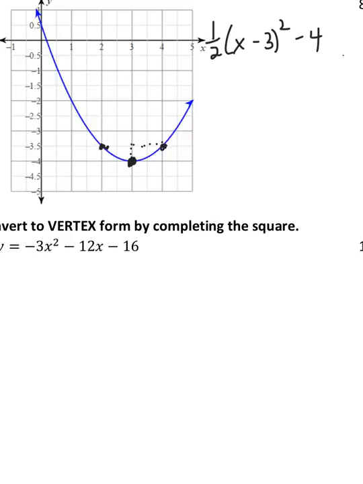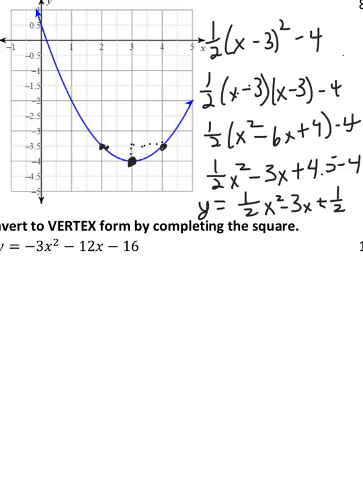The next thing I'm going to do is break this binomial apart, this x minus 3 squared, into its two parts. I'm going to FOIL it, and then I'm going to simplify. And what I get in the end is my standard form. Alright, so I FOILed that back together, and I got x squared minus 6x plus 9.